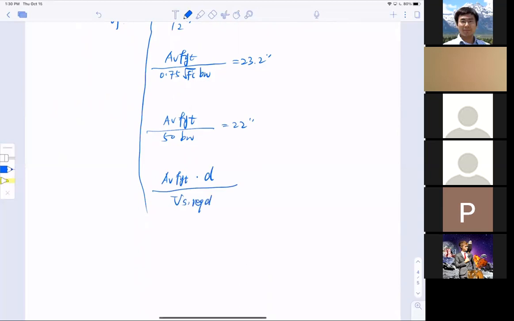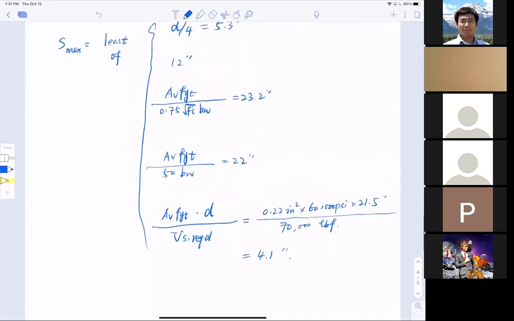Av is 0.22 inch squared, fyt is 60,000 psi, multiplied by d of 21.5 inches, divided by Vs required, 70,000 pounds. Turns out this number is 4.1 inches.